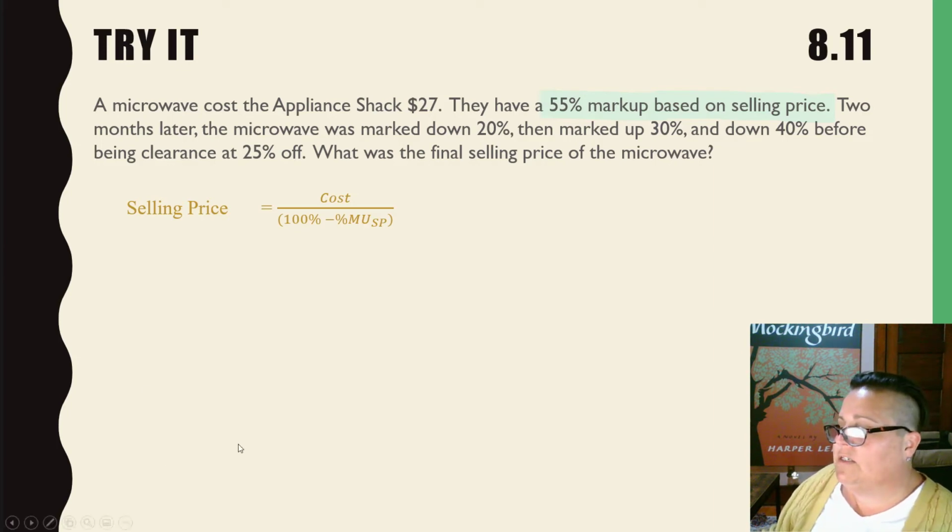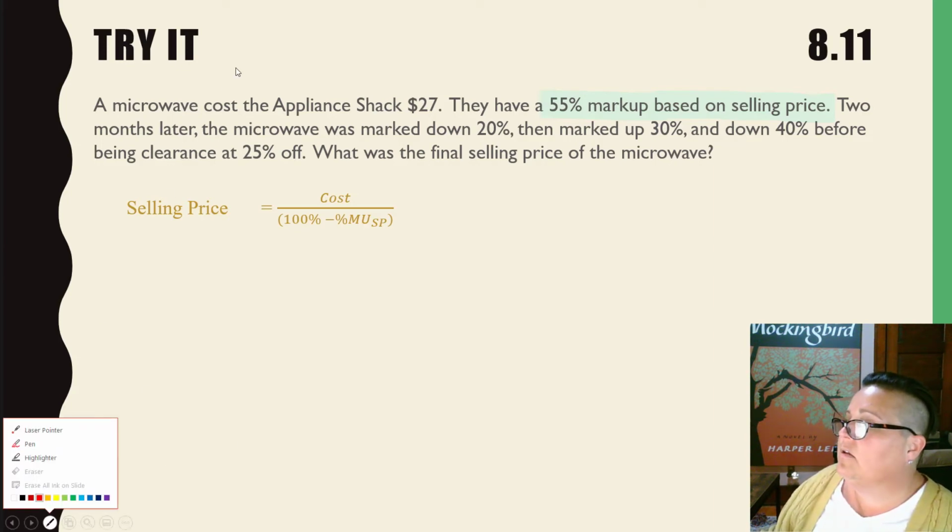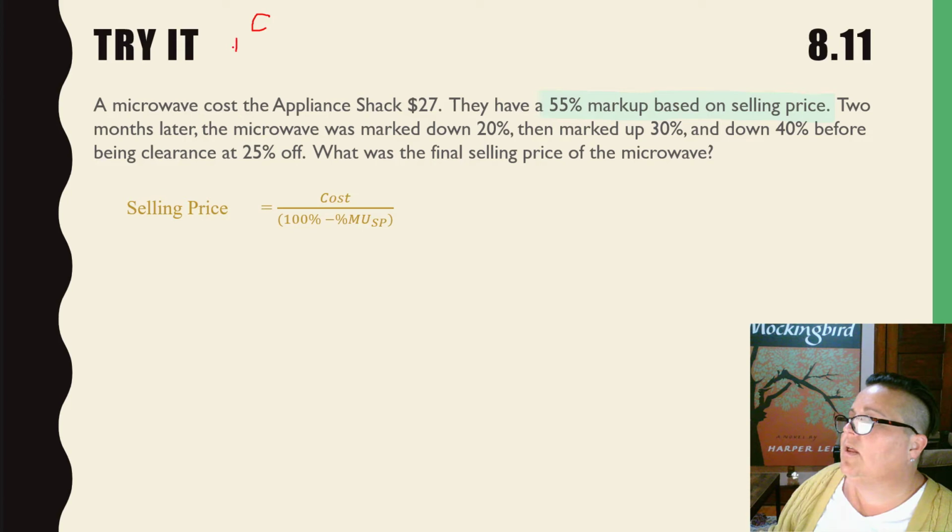If we were going to use the chart, hold on, let me grab a pen here. I'm just going to put it up here. We'd have the cost plus the markup, sorry, I'm writing it down, is equal to the selling price. This is how I would do it. We're going to compare the dollar amounts, and we're going to compare the percents.